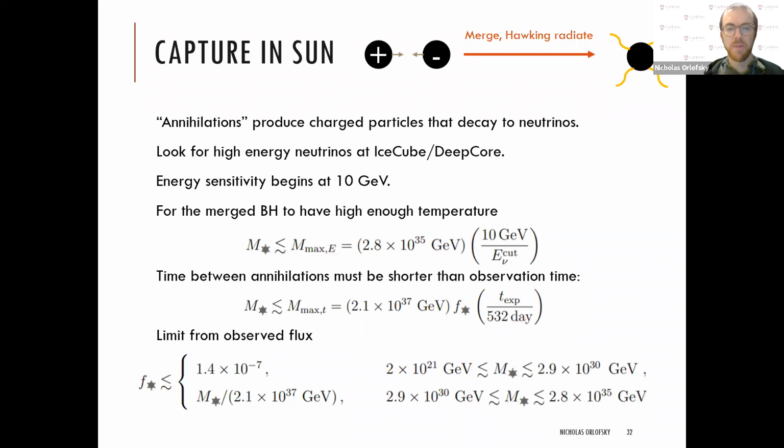Ideally, you would do a full numerical simulation of the neutrino propagation and scattering through the sun. We were not advanced enough to do that sort of detailed numerical calculation. So we took some simplifying assumptions about the neutrino multiplicity to reach this result. But we think it is broadly representative of what you would expect. And a lot of this result, at least the bottom lines, are limited by these two conditions above here.